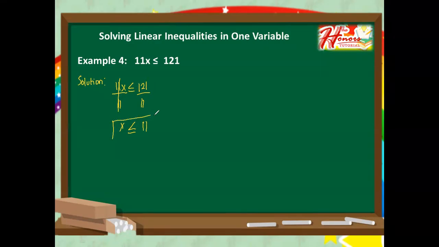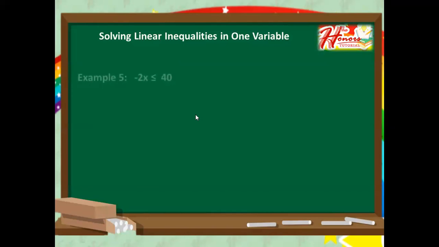So therefore, the values that you have to substitute here should be 11, or the numbers that are less than 11, for this equation to be always true. For number 4. Let us have our next example.